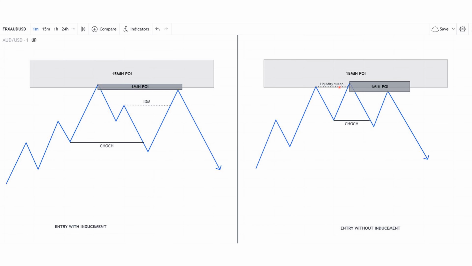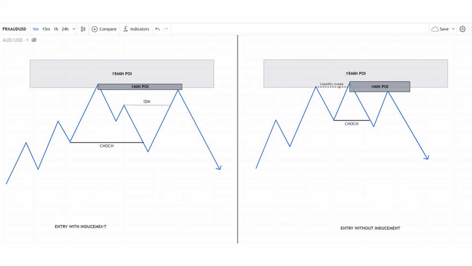So what I mean by a liquidity sweep, I'll show you on my next slide. Let me show you my next slide. All right, guys, this chart is coming from the second entry setup, entry without inducement.